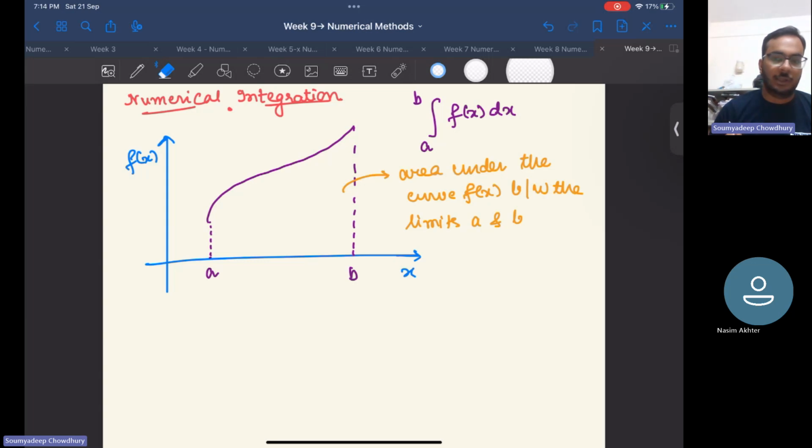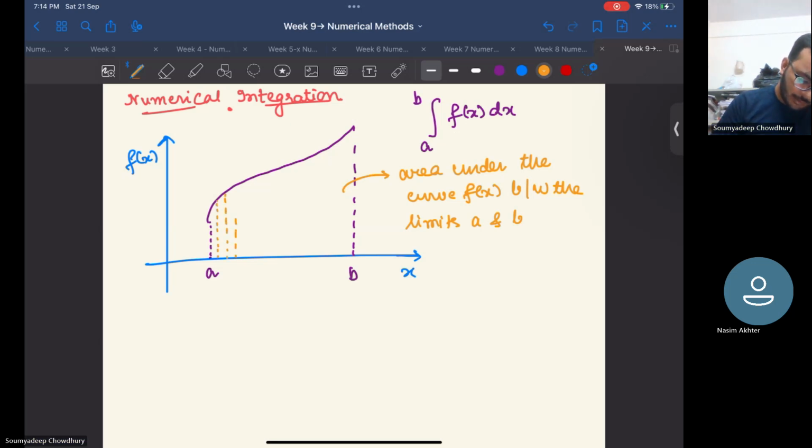But first I'll tell you a very general perception of what we do. We basically divide this entire interval from a to b into different subintervals. Suppose we have this one subinterval. Like this, we divide into multiple subintervals.